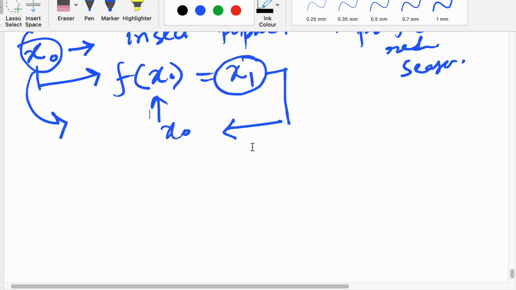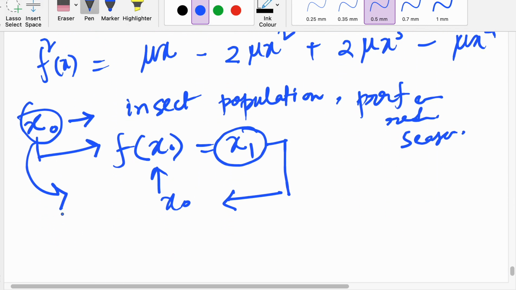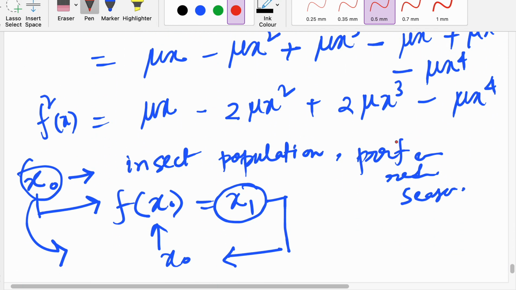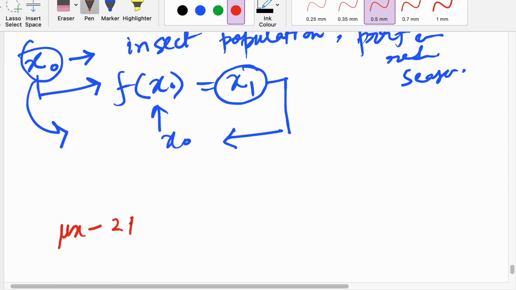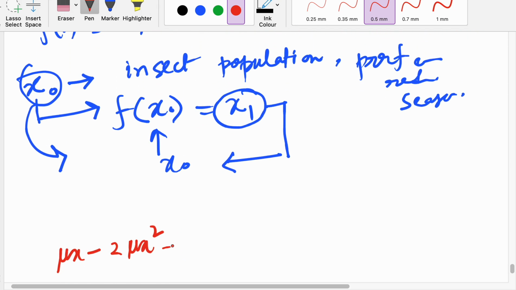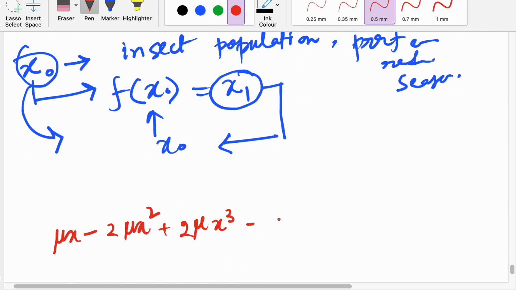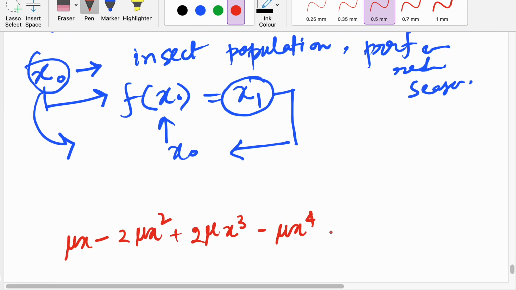So that's it. Now, to find that point, we have to find the solution of this equation. We know only the left hand side of the equation, how it looks. The left hand side looks horrible: mu x minus 2 mu x square plus 2 mu x cube minus mu x to the power 4. Now we have to solve this equation where f square x will be equal to x.